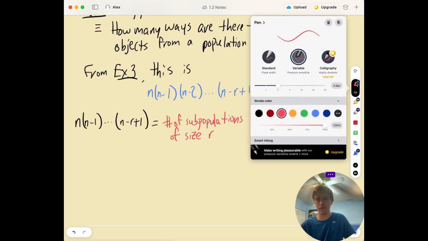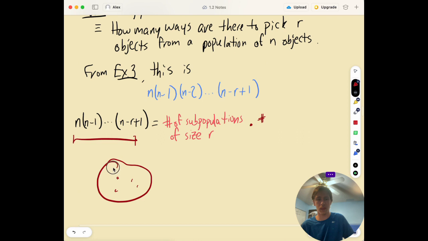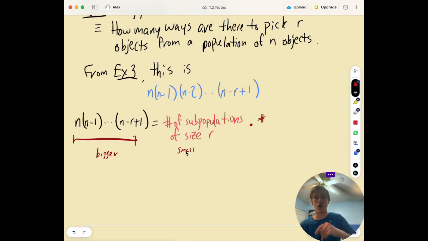But the second term is going to be more specific, because this is basically saying that 1, 2, 3 is completely different from 2, 3, 1, which is different from 3, 1, 2, right? So all of those orders matter, which means this is actually bigger than this.